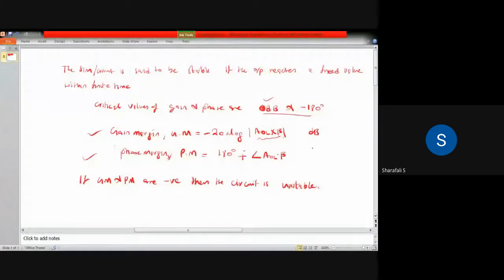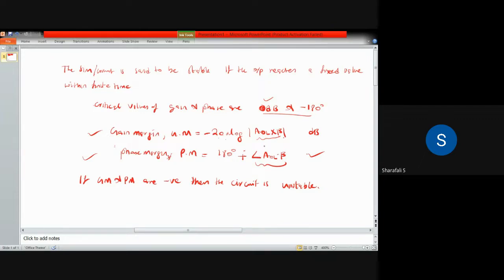Otherwise, if you consider the phase margin, and this phase margin is going to become negative, then in that case also the circuit will become unstable. When this becomes negative, the phase angle of this AOL beta should be greater than minus 180, right?